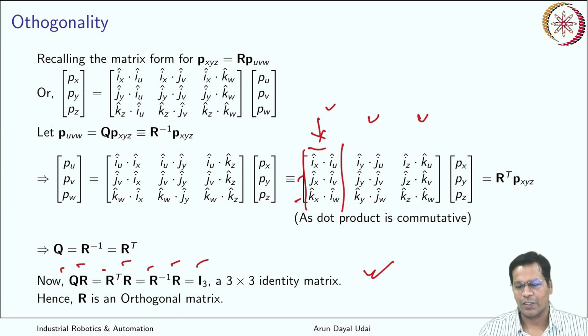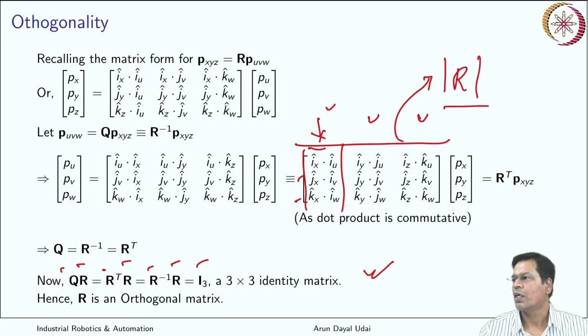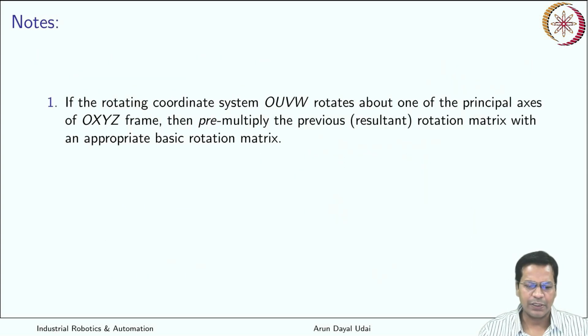Okay. So these are three vectors. And overall, if you take the determinant of this rotation matrix, it will give you 1. Okay. So you can try doing that. But yes, let us move ahead and see a few notes which are very, very important.